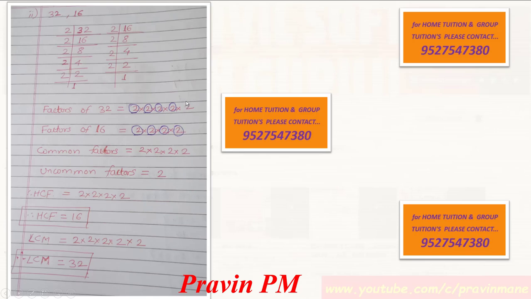Uncommon is a single 2. So uncommon factor is 2. Then HCF is equal to multiplication of common factors, 2 multiplied by 2 multiplied by 2 multiplied by 2, 4 times. HCF is equal to 16, and LCM is equal to common factor multiplication and uncommon factor multiplication, which is 32.